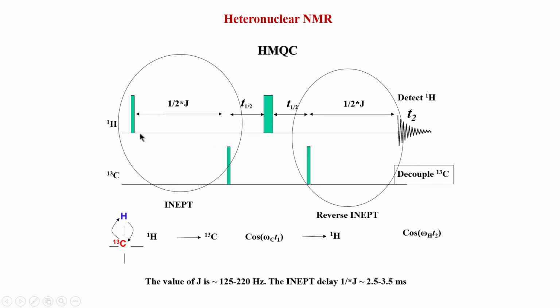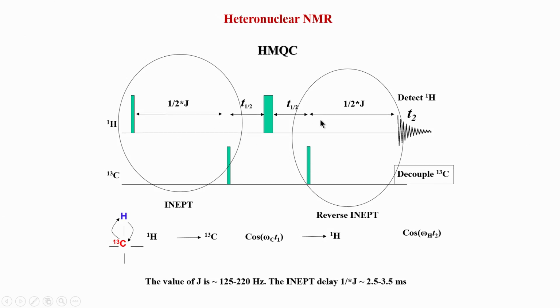Therefore, this proton remains in the transverse plane, which means T2 relaxation is going on throughout this sequence, whereas in HSQC we bring it along the z axis, and from here to here it remained along the z axis. So, its relaxation was not affecting the chemical shift evolution of carbon, but here it is now affecting, number 1.